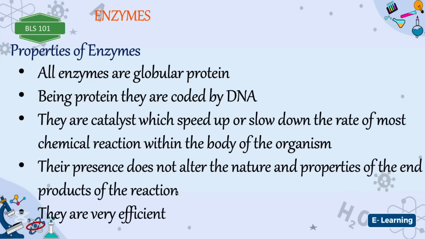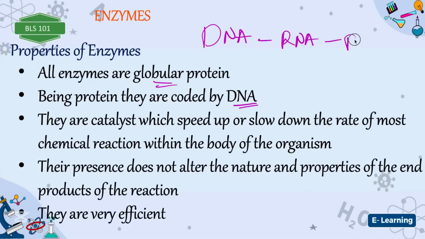Now, what are some of the properties of enzymes? We said all enzymes are globular proteins. They are not fibrous proteins, so you must take cognizance of that. All enzymes are globular proteins. Being proteins, they are coded by the DNA. You know, all proteins are coded by the what? The DNA via the central dogma of molecular biology, where DNA is converted to what?